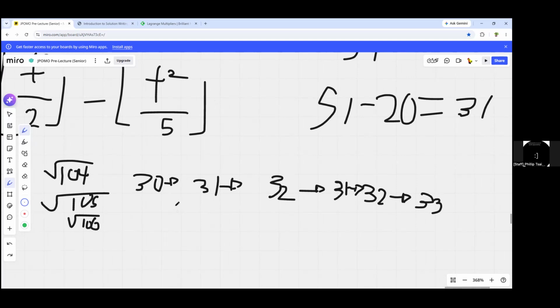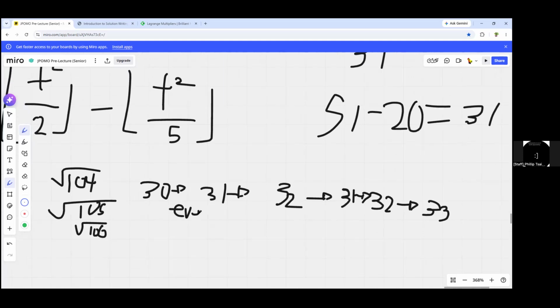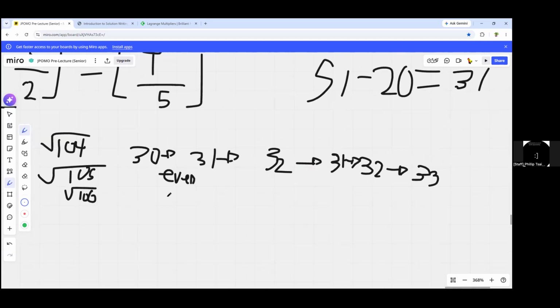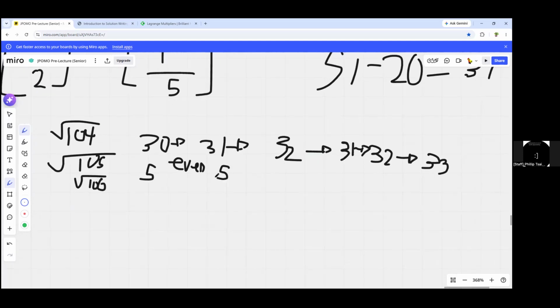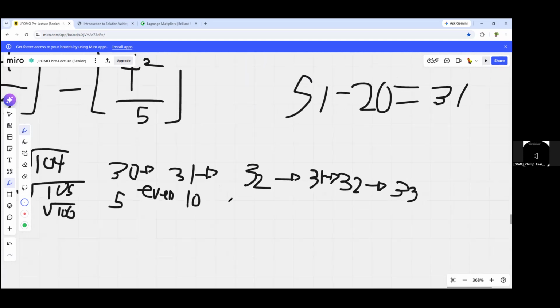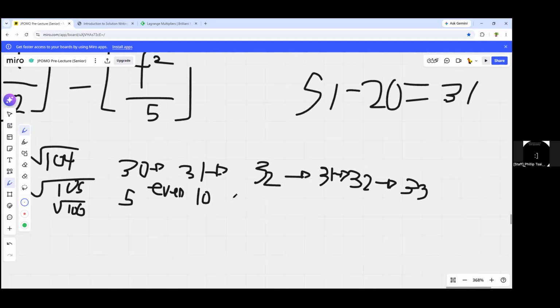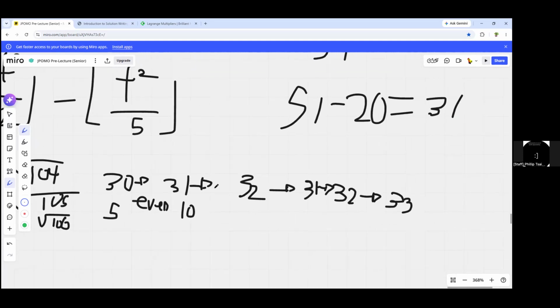Since you will always find one even integer in between two multiples of 5, it is guaranteed to go up and down at least once before going up again.